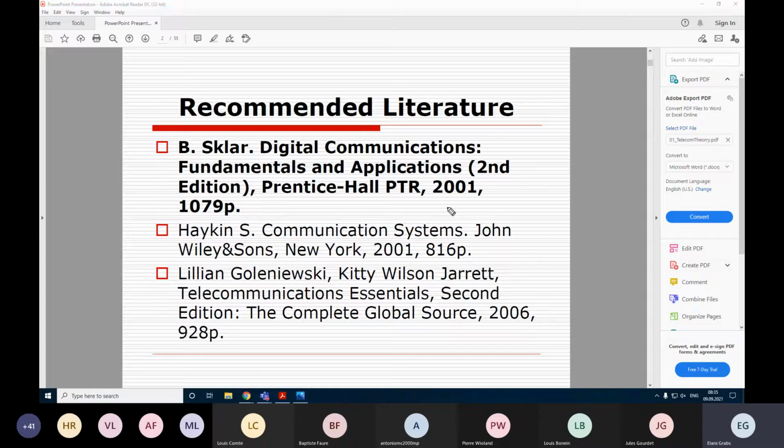Okay, so we'll start talking about that, but before, let us discuss what literature you can use for this course. As I mentioned in the organizational video, you can use all the course materials I provide you, and this will be sufficient for you to pass the course with the maximal grade of 9 out of 10. If you desire to get 10 out of 10, then you will need to use some additional information over the internet, over the books, to solve extra tasks.